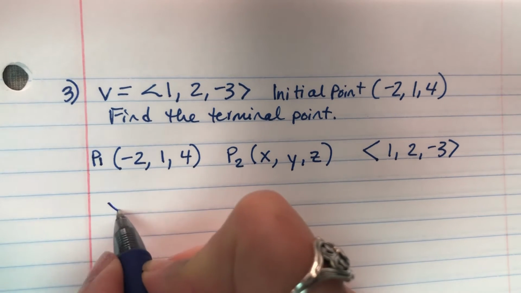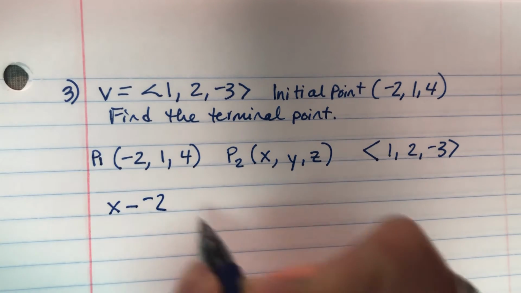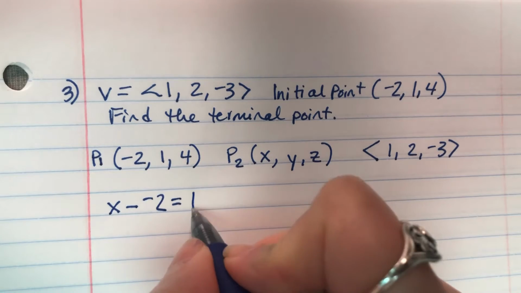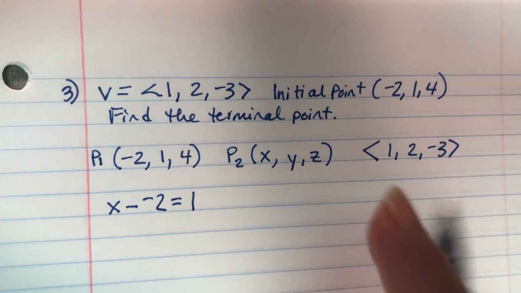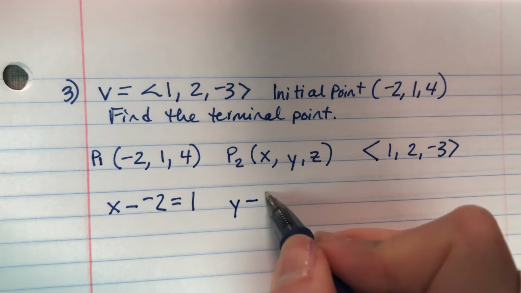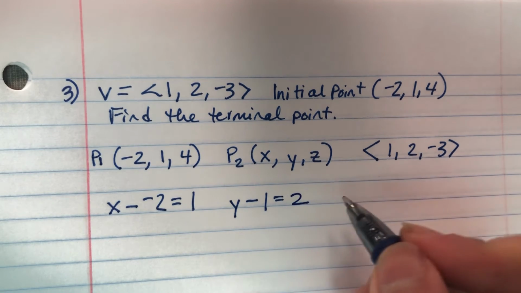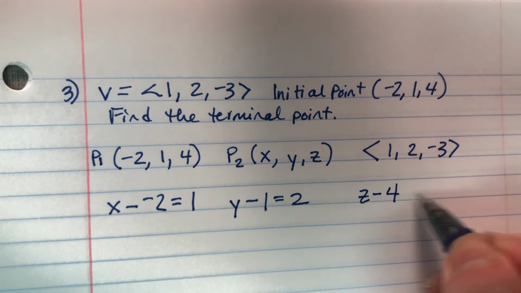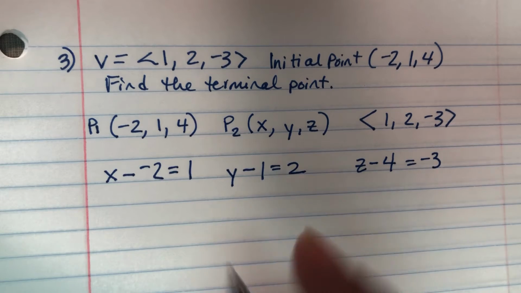So if I take my terminal x minus my initial x of negative 2, that should equal the component x, which is 1. And then if we take our terminal point y minus our initial point y, that should equal the component of 2. And then z minus 4 would equal negative 3. And now we solve for each of these.